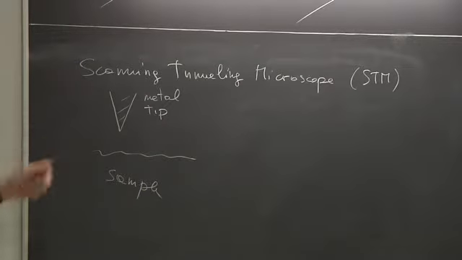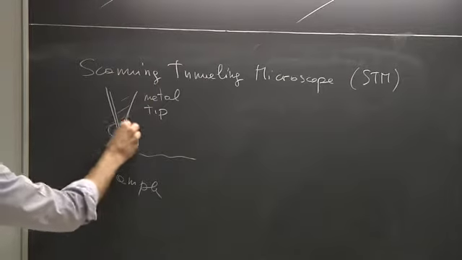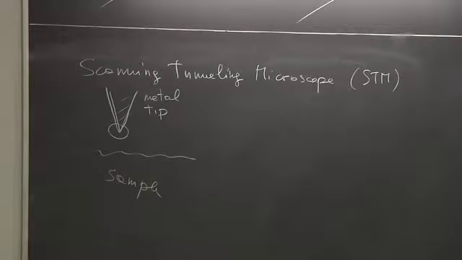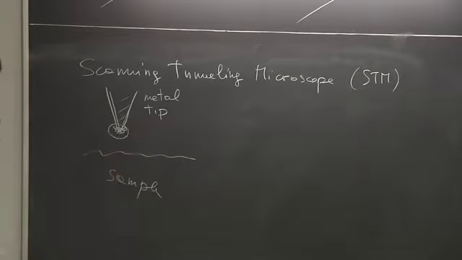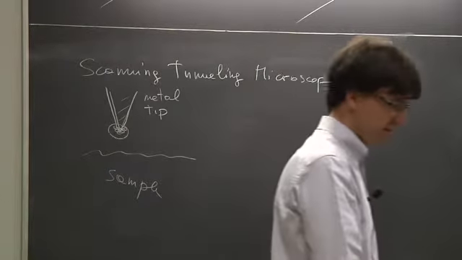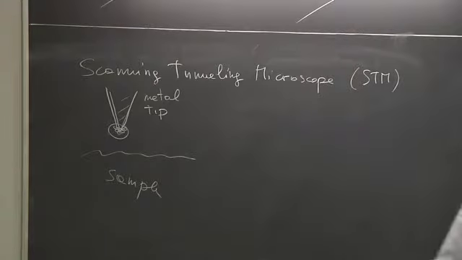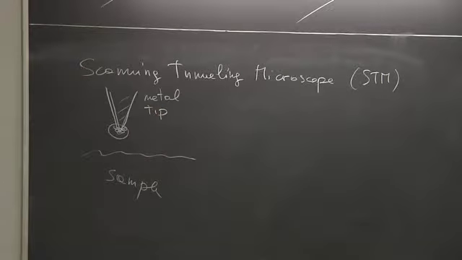And if you're able to make the tip sharp enough, the tip will be terminating with an atomic structure which is rather sharp, hopefully. If you are good enough at preparing these tips, you can generate them in such a way that the tip is really made of a few atoms.